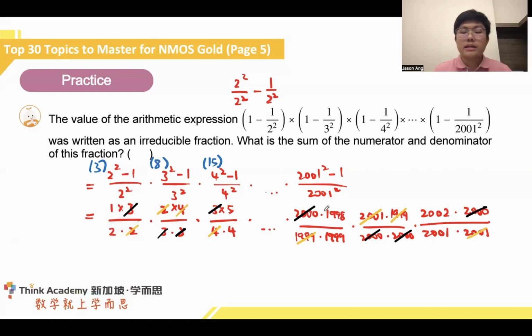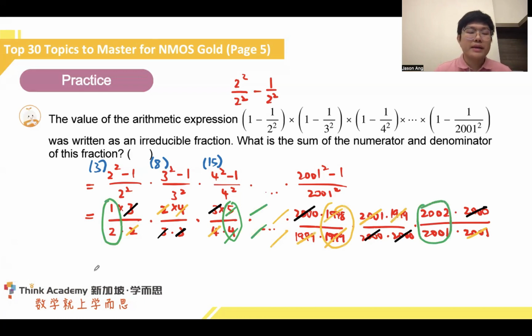As you can see, these values here will continue to cancel with the things at the front, and these values at the back will continue to cancel with the things at the back as well. What we're going to be left with in the end is only our first fraction and the second fraction behind, making it much easier for us to observe.